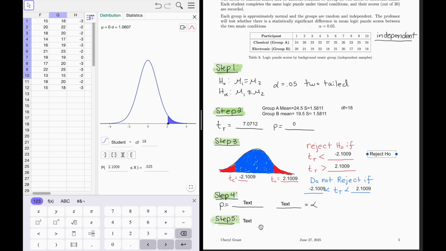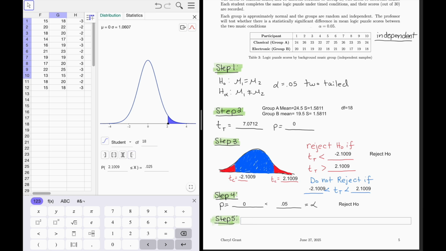Now let's look at step 4 for the rejection region. The p-value is 0. The alpha level is 0.05. So the p-value is less than the alpha level, which means, again, we're going to reject the null hypothesis. Since we are rejecting the null hypothesis, there is sufficient evidence to support the claim that the alternative hypothesis is true.